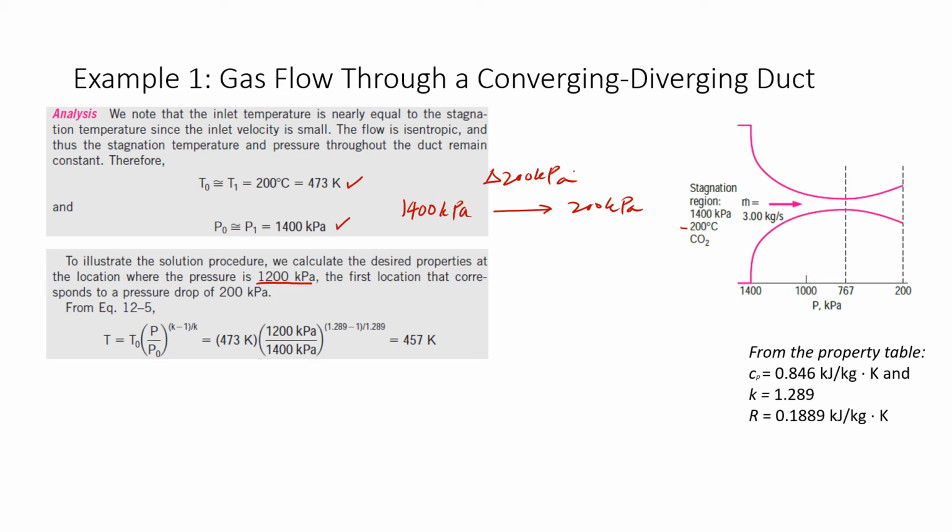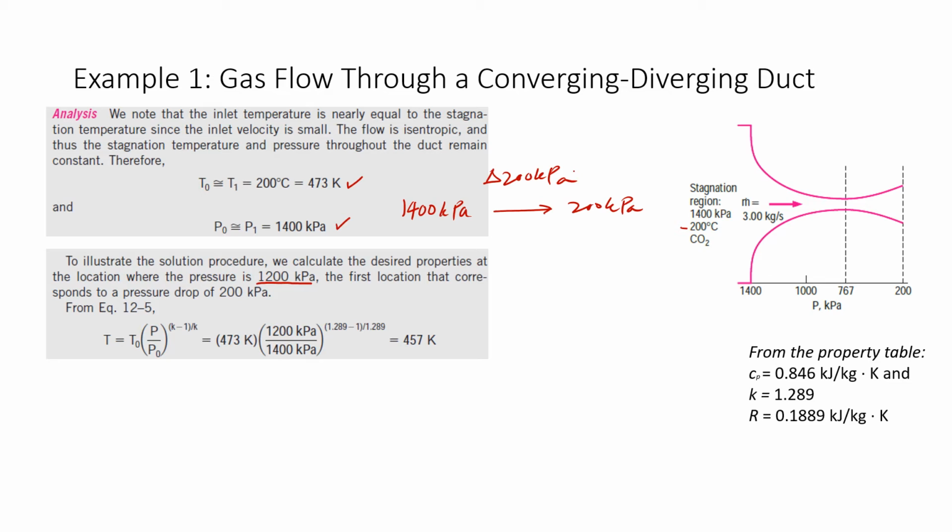Okay, so from equation 2.5, if you have forgotten this equation, you can re-watch or recap the topics from the previous week. We learned about the stagnation properties and how to calculate them. Basically it's just using this formula. From that we can get the temperature that corresponds to 1200 kPa.